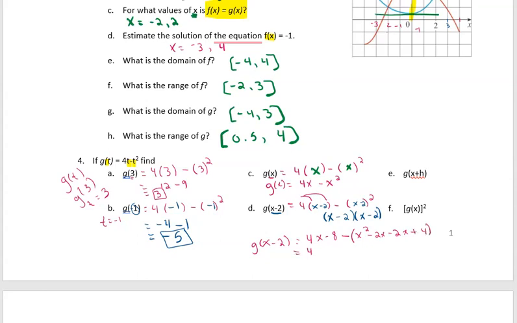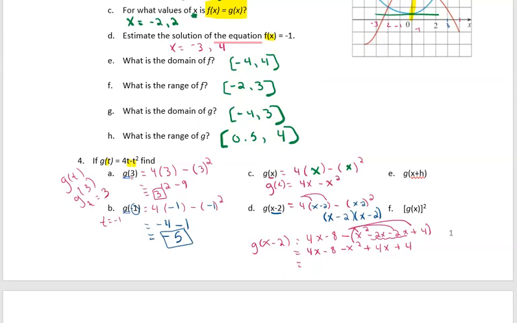So we'll have 4x minus 8. You can distribute your negative, so minus x squared, plus we have -2x minus 2x gives us -4x. Distribute our negative, so that gives us positive 4x plus 4.